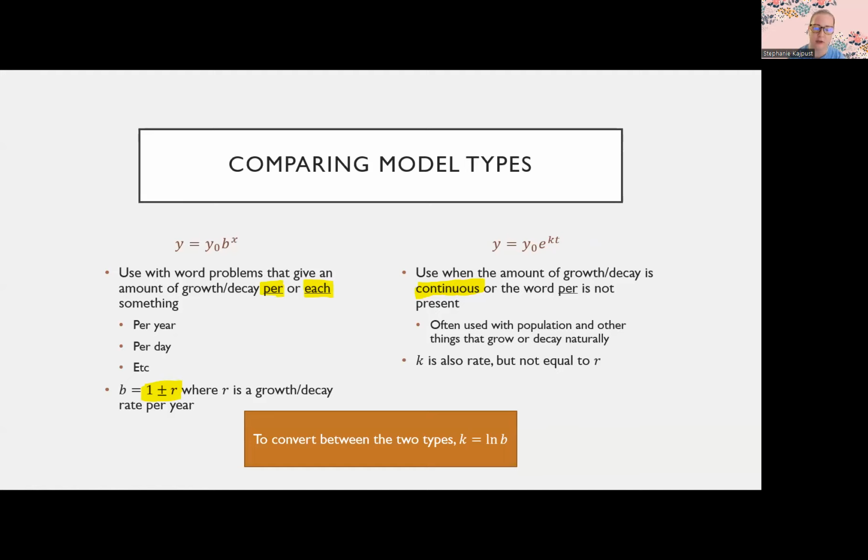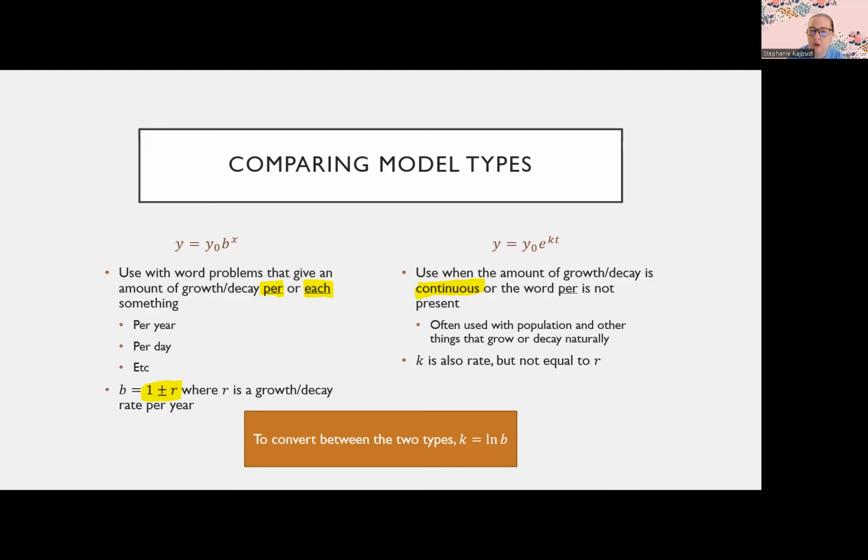And population is something that we consider growing naturally. And so we always assume the continuous version if it's not specified. So we are assuming that this is continuous growth, and we're going to use the e to the kt version of the formula.